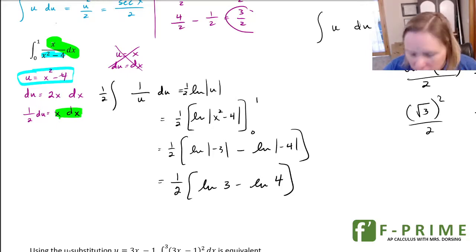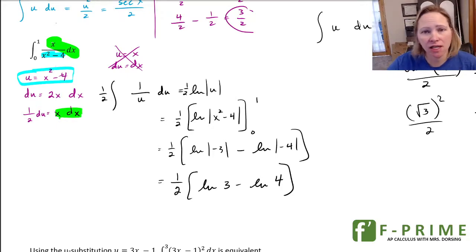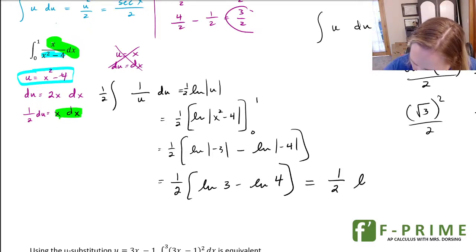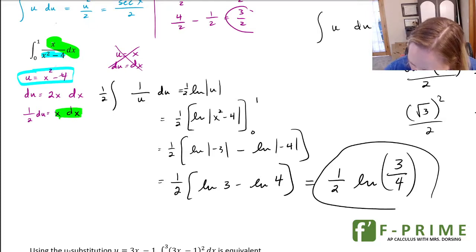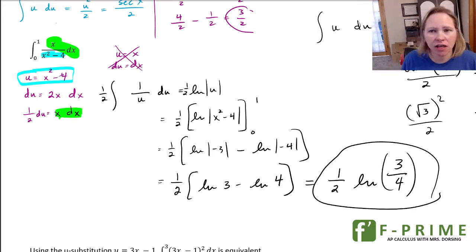When I have two logs that are being subtracted and they have the same base, like natural log has the base of e here, I can turn that into division of one logarithm of a quotient. And so it's going to look like this: 1/2 times the natural log of 3 over 4. This is a rule that I will have, and it will come back around quite often, and in particular in Calc BC.